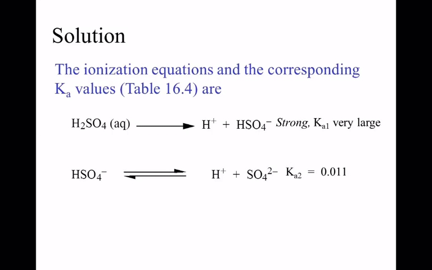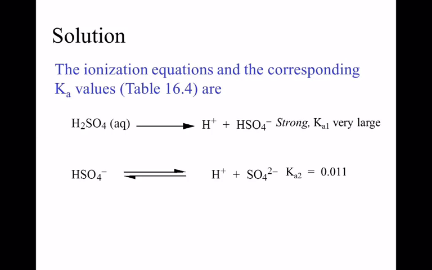Ionization step 2 basically takes this guy and says, all right, we're going to make it donate that proton. So here we go, HSO4-. Now this is actually a weak acid. So when it donates a proton, it turns into the sulfate ion.